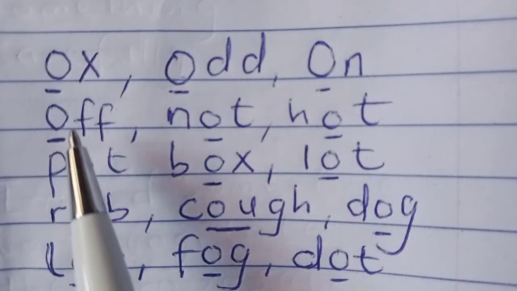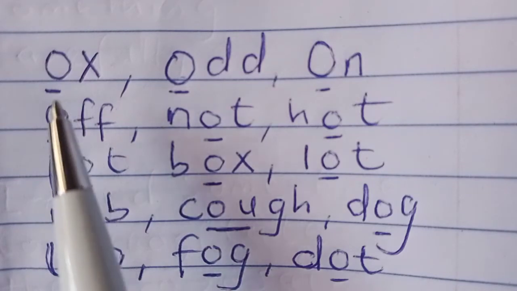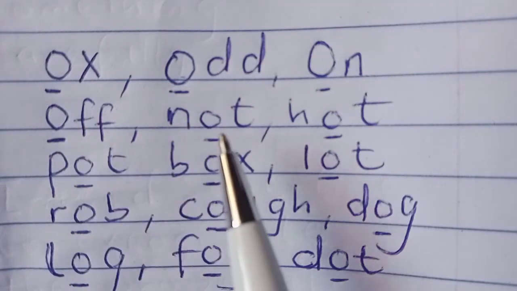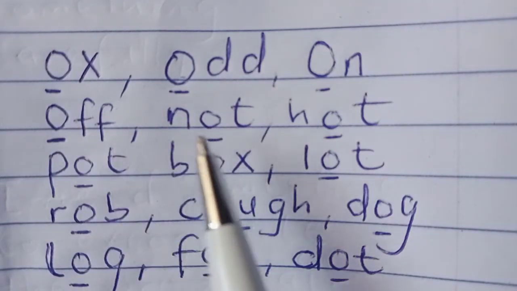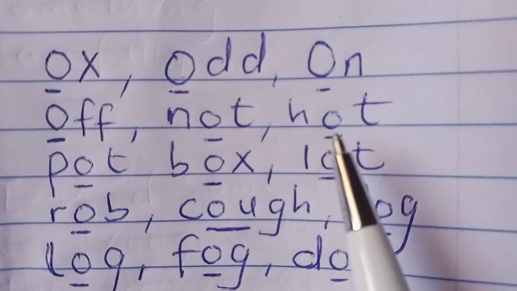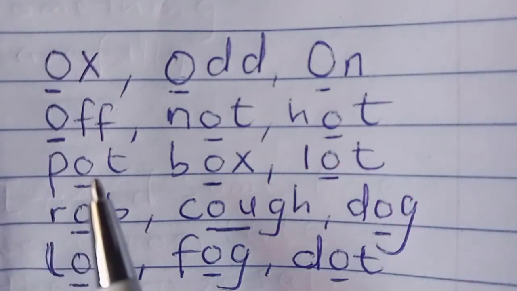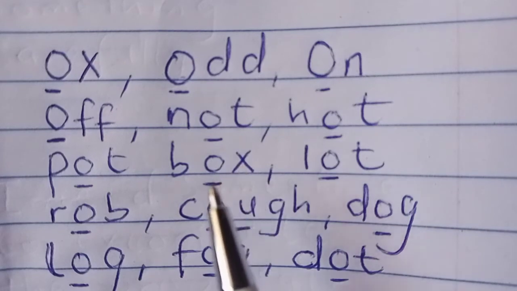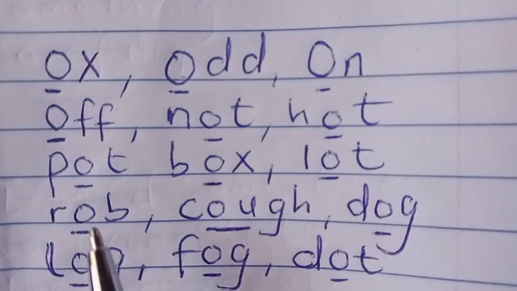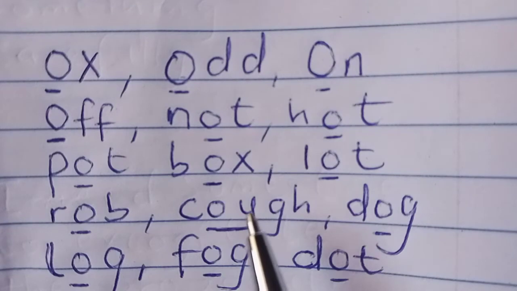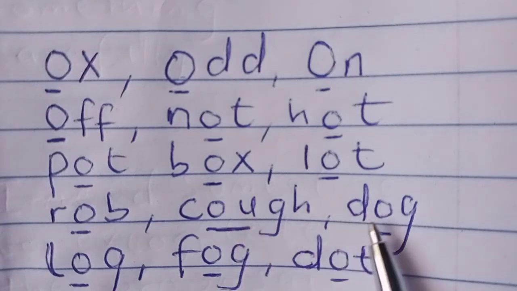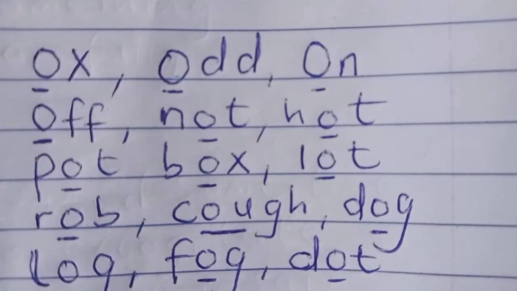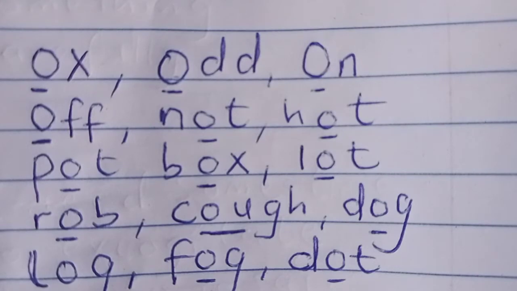Then we have off, all at the initial position. Then the middle position right here, we have not, hot, pot, box, lot, rub, cough, dog, log, fog, dot, amongst others. So we have a lot of words that contain this sound.